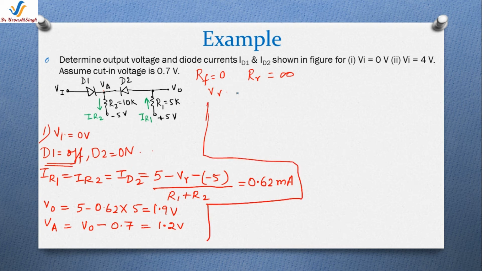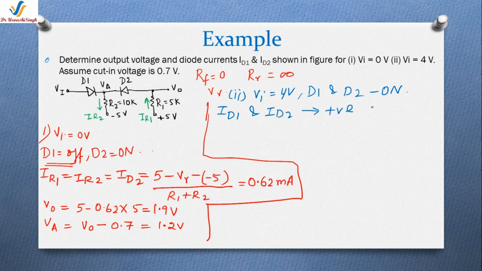Now let's see what happens in the second case, that is when V input equals 4 volt. It appears that both diodes will be on in this case, and if in our calculation we find that ID1 and ID2, the diode currents, are positive, then our assumptions will be correct.